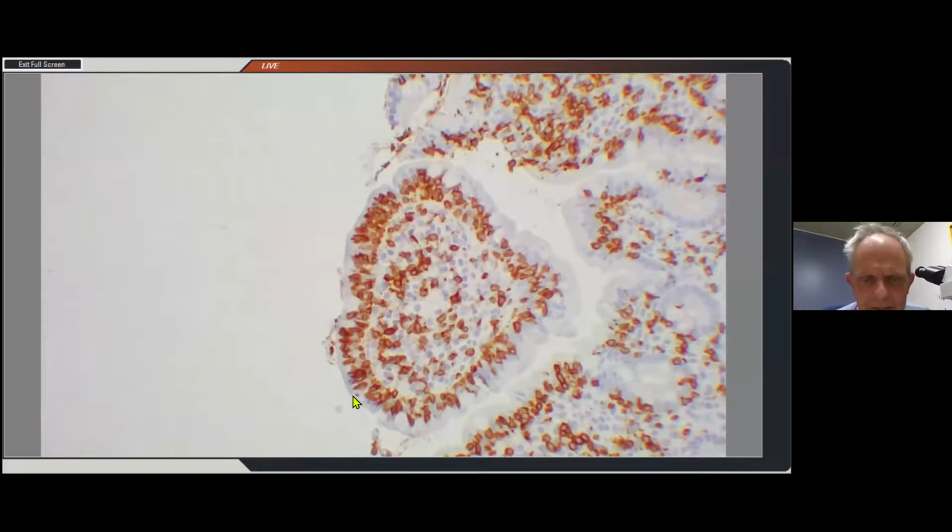So you can see that the ratio is at least 1-to-1. So this is a classic example then of celiac disease, and using the Marsh grading, I think we called this a Marsh B and a Marsh C.